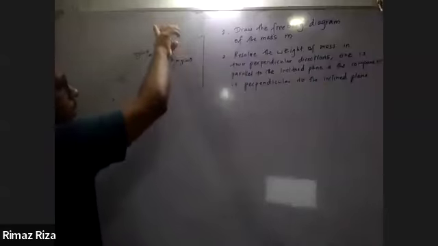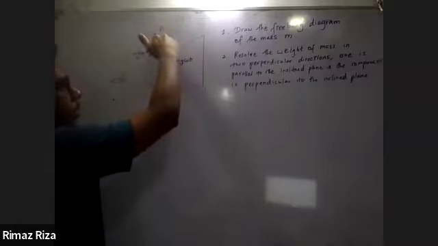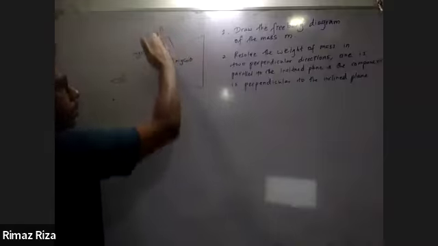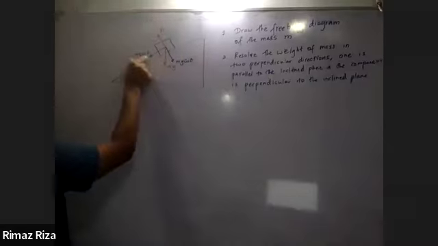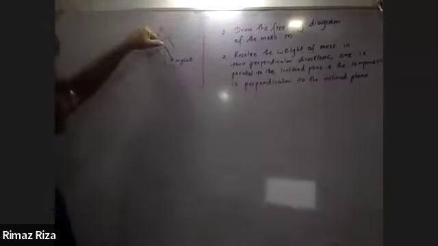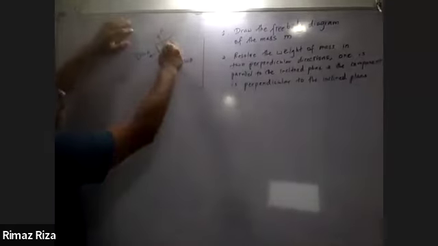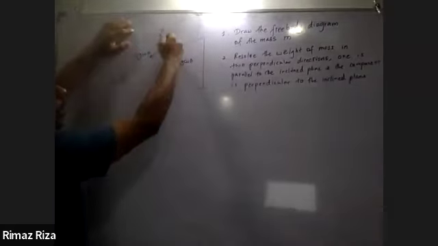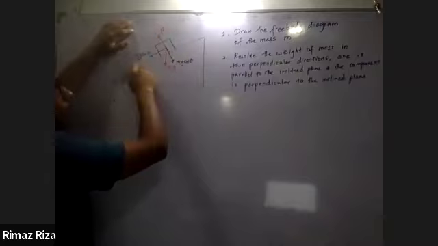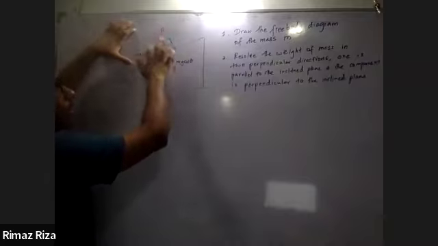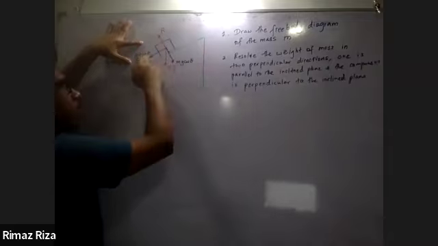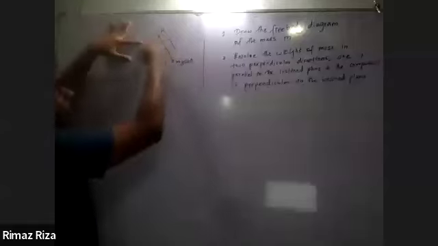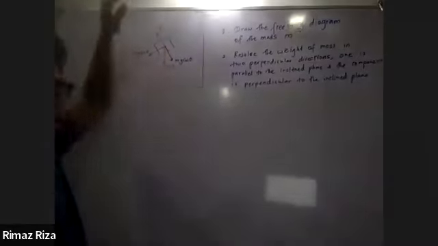This will be in equilibrium because you won't find any motion in this perpendicular direction. But due to this mg sin theta component, this mass will accelerate downward, because there is no other force in this direction to counterbalance this.